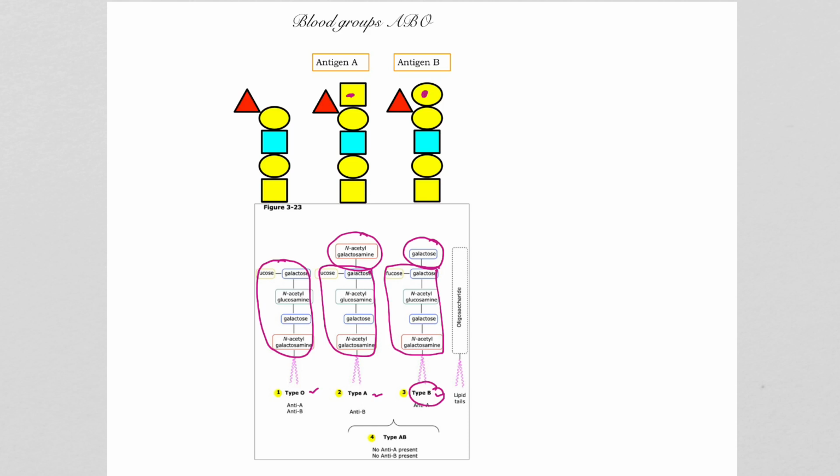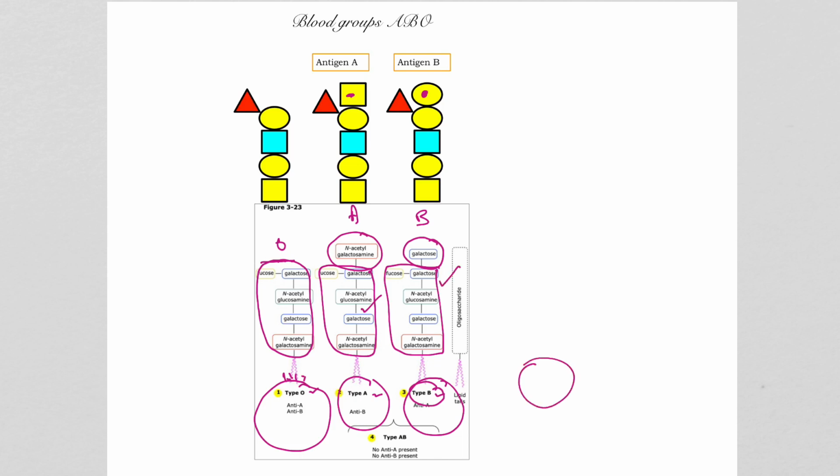So this is type O, which is the basic monosaccharide sequence, and then type A and type B. People with type O red blood cells show this on their surface, type A red blood cells show this, and people with type B will see this.